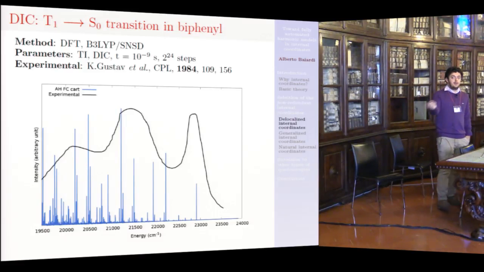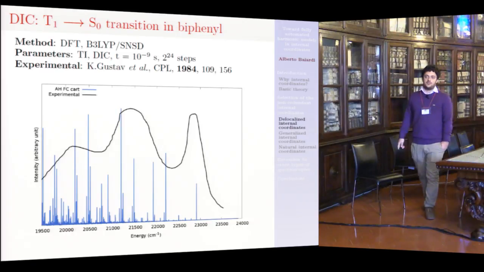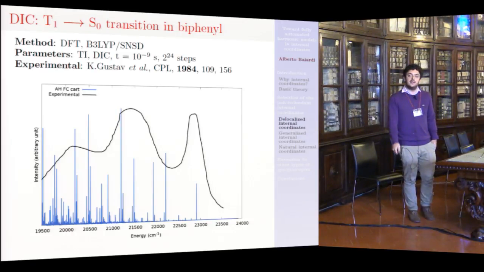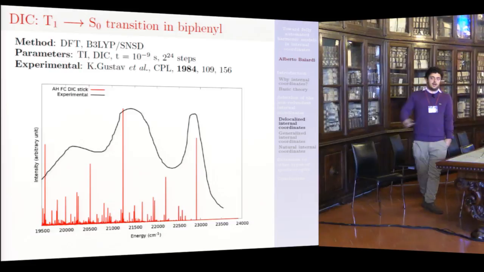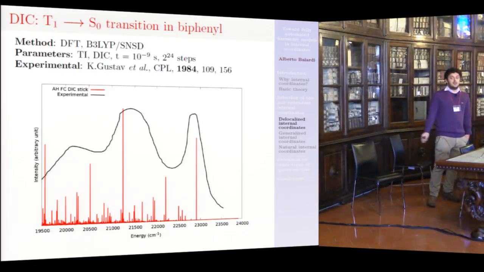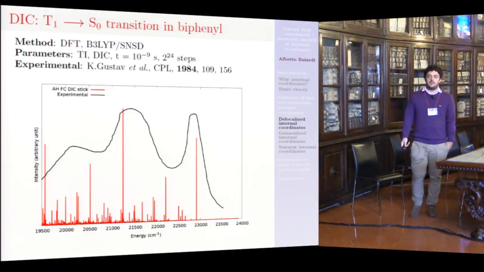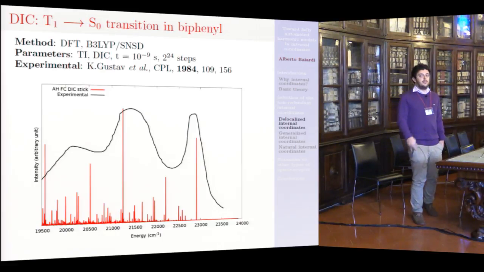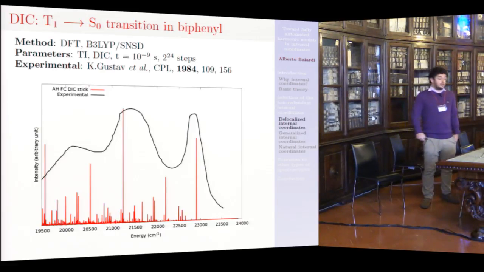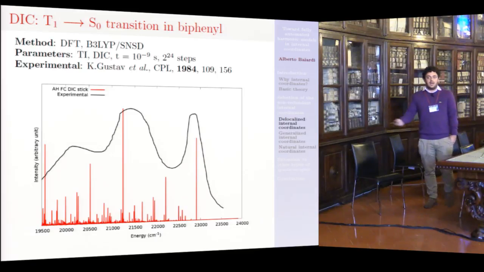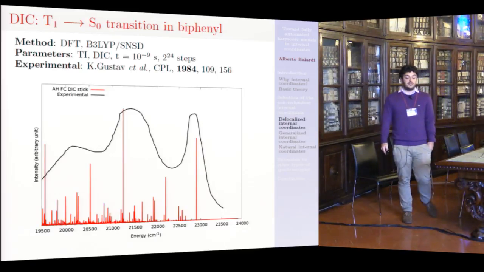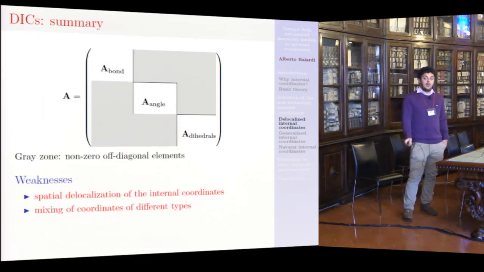This is the Cartesian case. We have the huge progression which is not present in the experimental data. If you switch to the internal coordinate case, the situation is now better, and you see that you can assign some of the bands of the vibronic progression, and so the method seems reliable to predict vibronic spectra of flexible molecules.